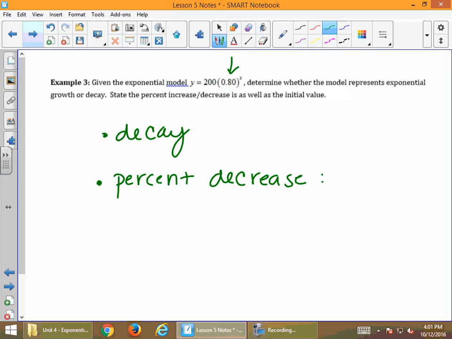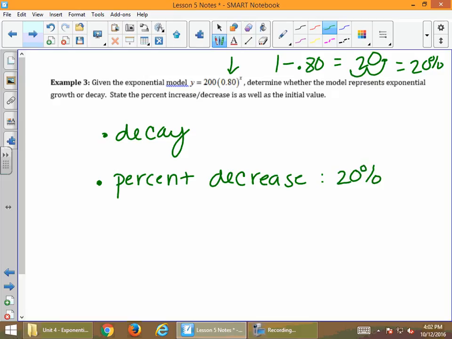So if we started out with 1 and we went down to 0.80, subtract the two. We do 1 minus 0.80, that gives us 0.20. Alright, but remember it's a percent, so we're kind of reversing what we did. Just move that decimal point over again, and that will give it to you as a percent. Or multiply it by 100.